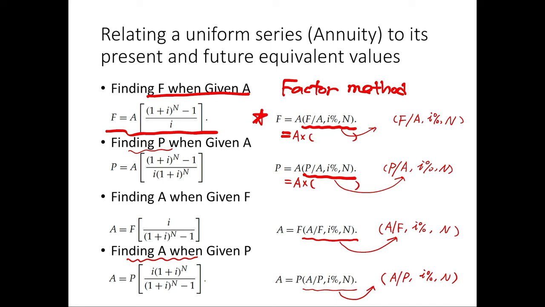If you want to find A when given F, A equals, because you're given F, you put the F here and times that factor. And the same thing, if you want to find A when given P, A equals P, which is given, times the factor.